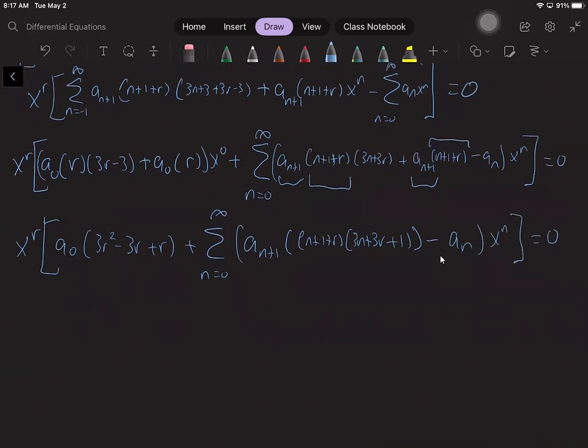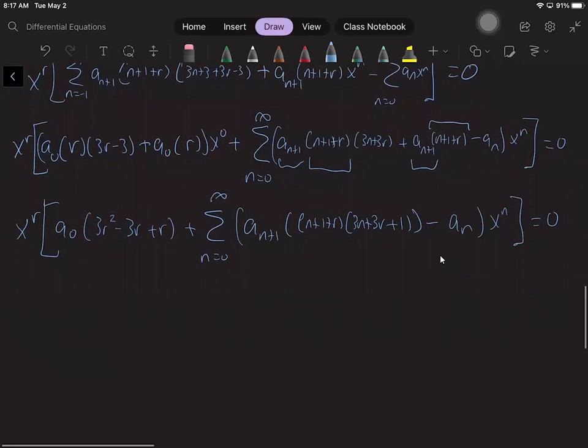So then just like before, now we're going to set the coefficients all equal to 0, because each power of x on the right is 0. So that's the only way that this could be true. So what we can say now is a_0 times 3r squared minus 2r has to be 0.